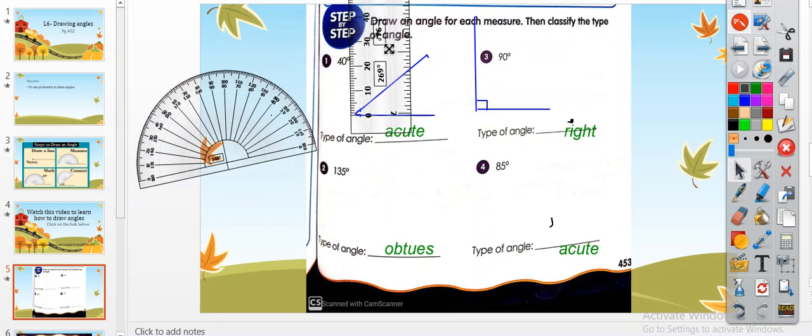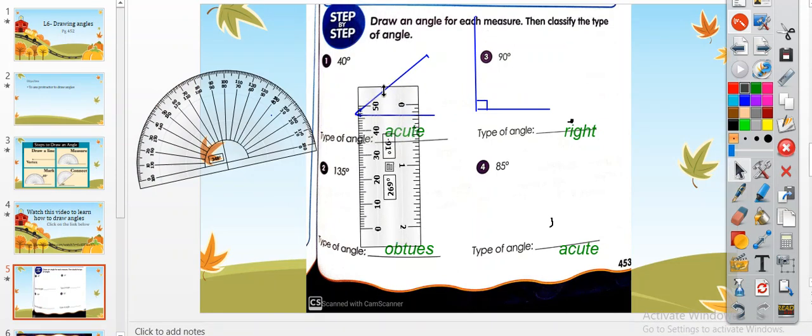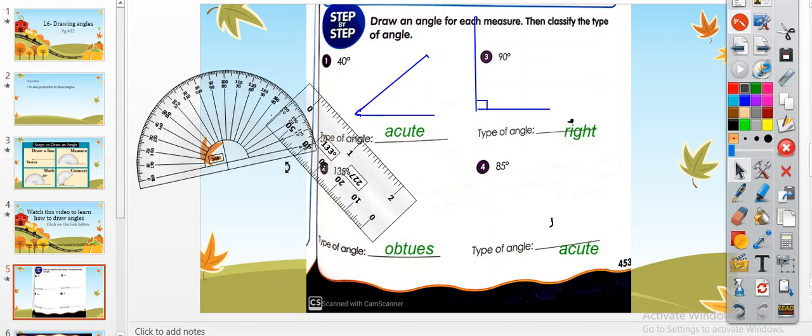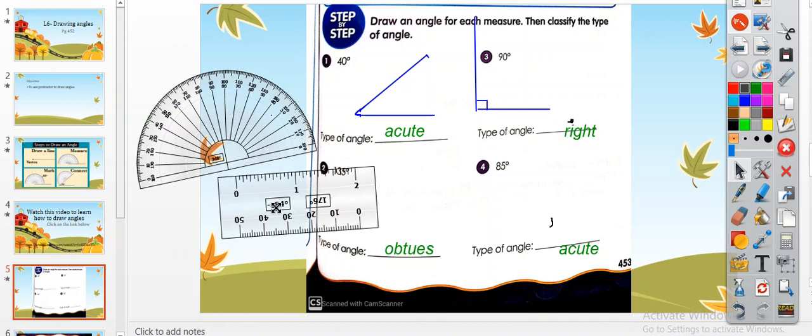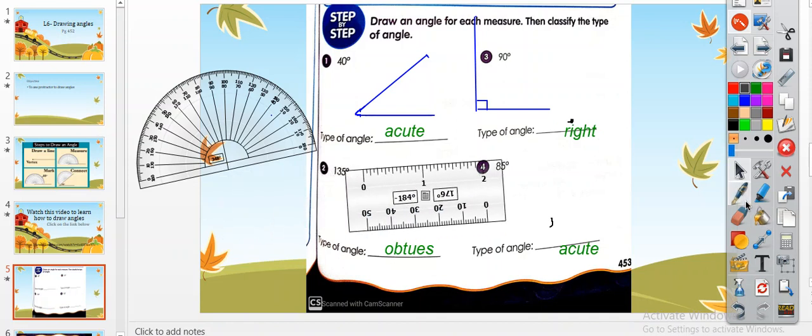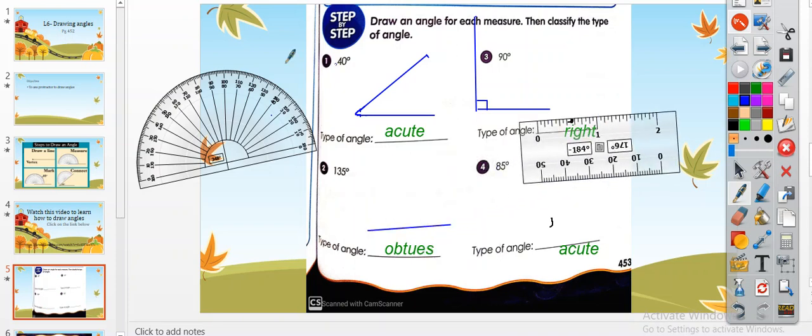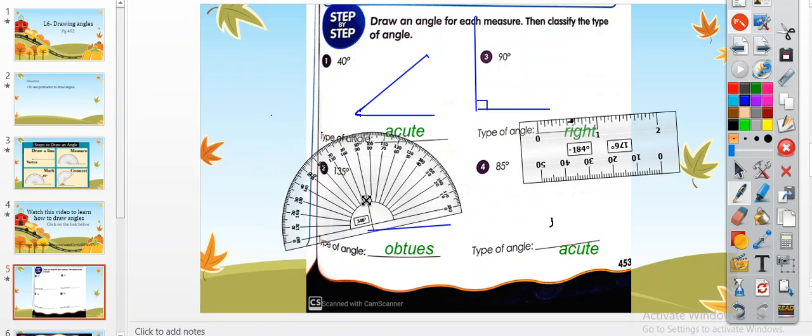So again, bring the ruler and draw a straight line. Draw a straight line now, even though the line wasn't exactly horizontal. So take away the ruler, bring now the protractor.